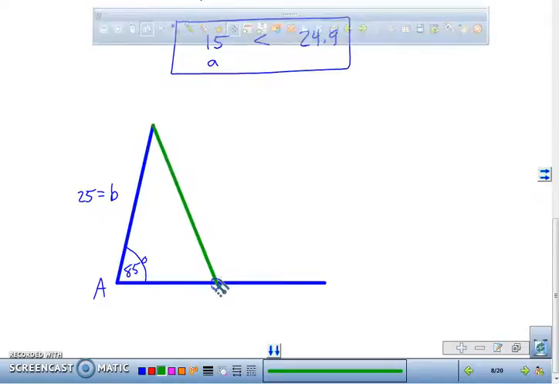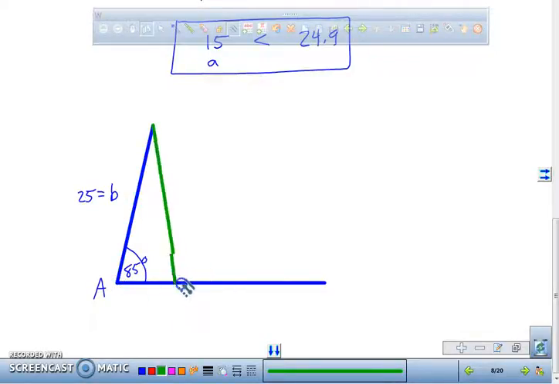You guys see how this would have to go all the way down for it to make a triangle? Well, does this length of this green side seem bigger or smaller than a side that's 15 units? If this is 25, right? This is 25.